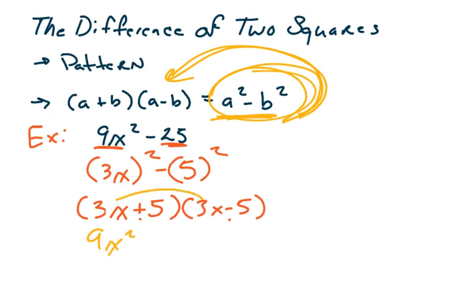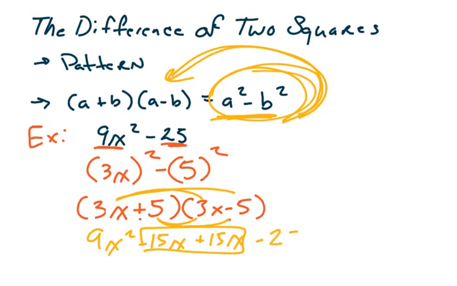Outside is a negative 15x, inside is a positive 15x, and that's going to turn out to be 0. And then at the end we have negative 25. So that's what happens with our pattern: the middle term drops out because we have a negative and a positive of the same number.